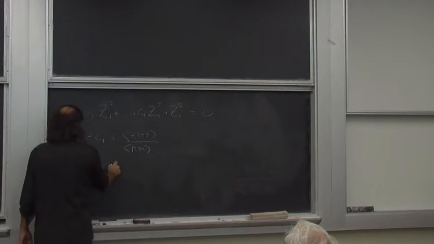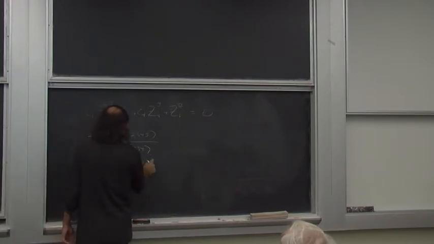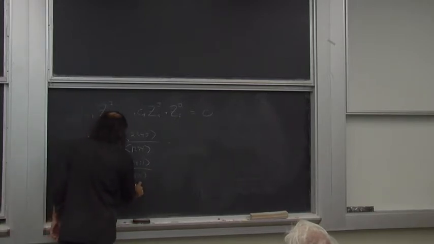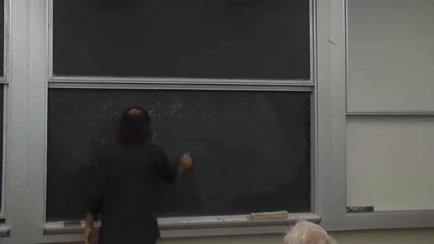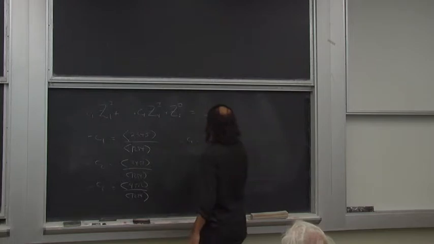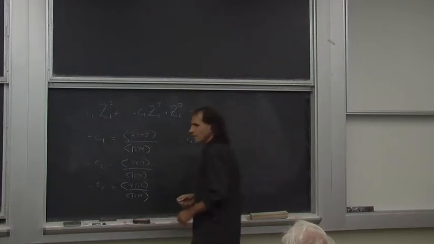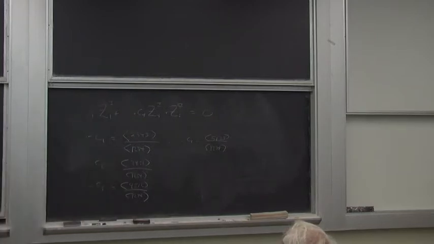Negative C2 is <3451> over <1234>, and so on. Then <4512> over <1234>, and negative C4 is <5123> over <1234>. You remember how we did that at the end of the last lecture.